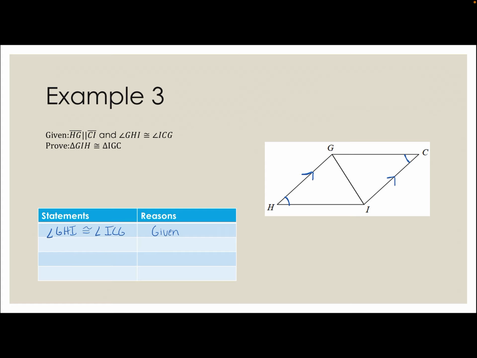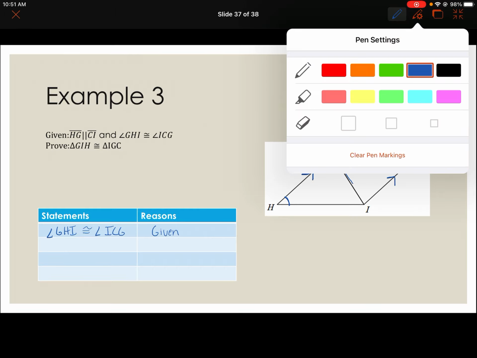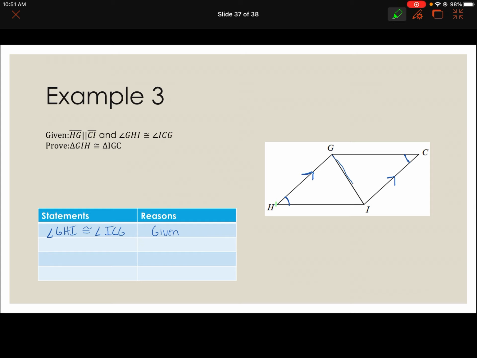And we're going to use those parallel lines to make another angle relationship. So since HG is parallel to CI, what that means is that this GI acts as a transversal. Let's highlight that actually. Let's go with green. So we have HG is parallel to CI. So the GI acts as a transversal.